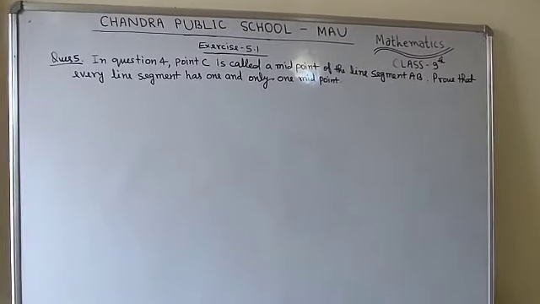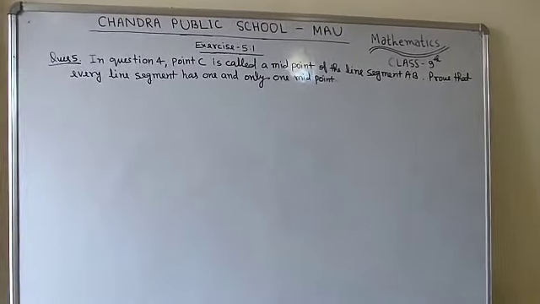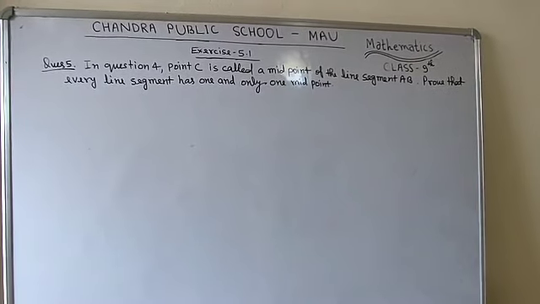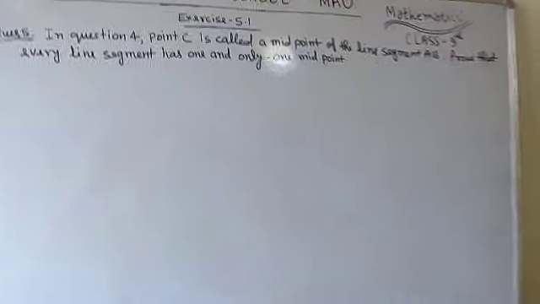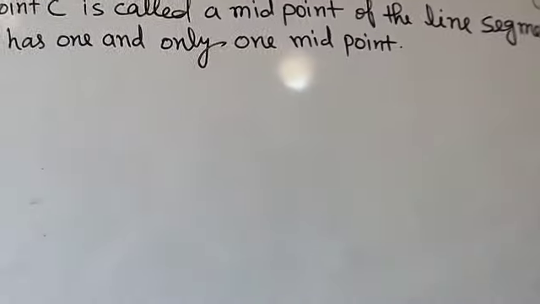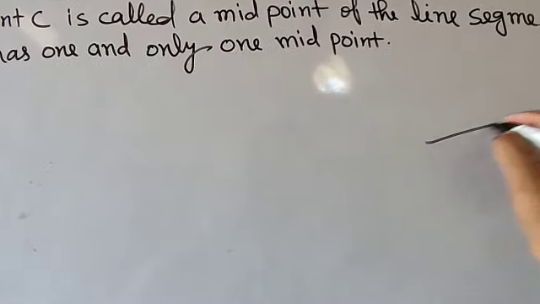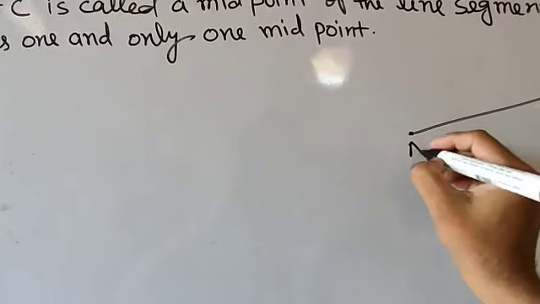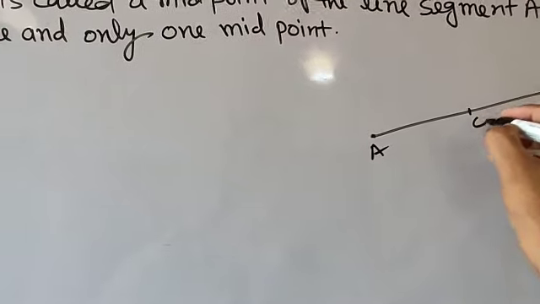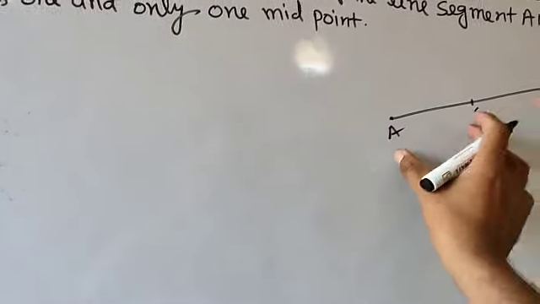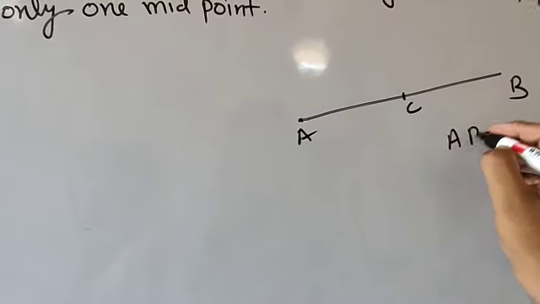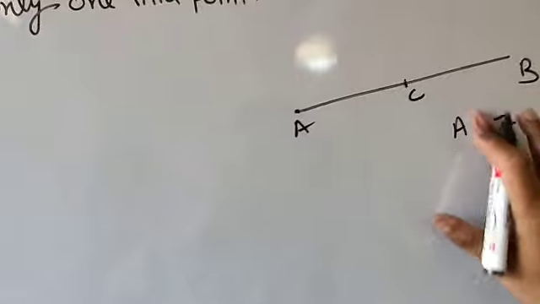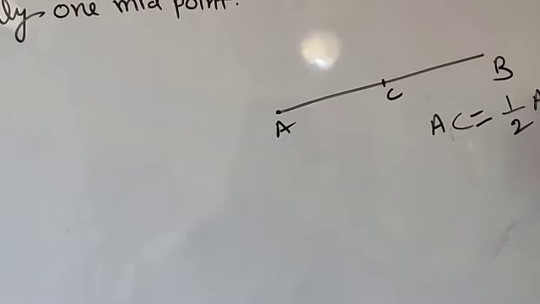Now students, here it is the question number 5th. In the given question 4, point C is called a midpoint of the line segment AB. Prove that every line segment has one and only one midpoint. In question number 4th, which I had solved, it was given that if a point C exists in between AB such that AC equal to BC, then AC equal to half AB.